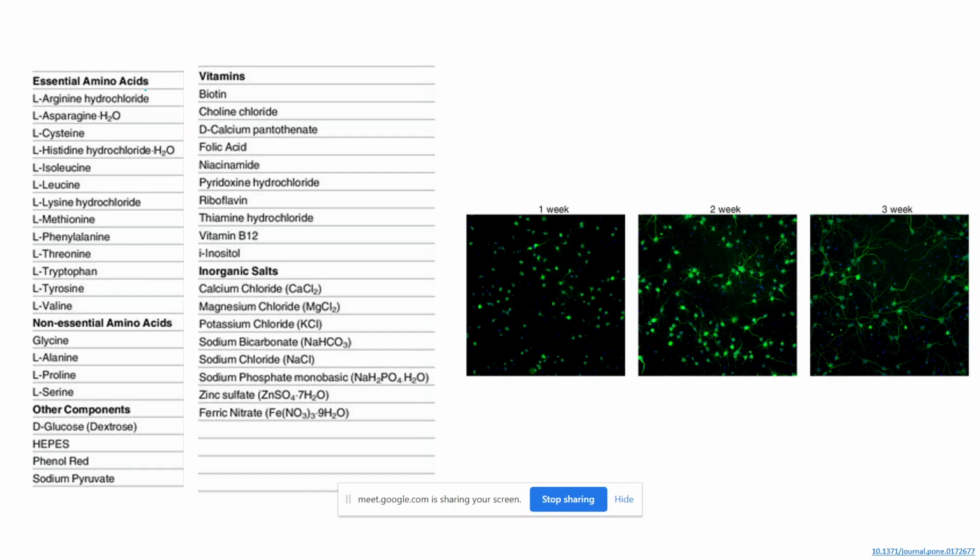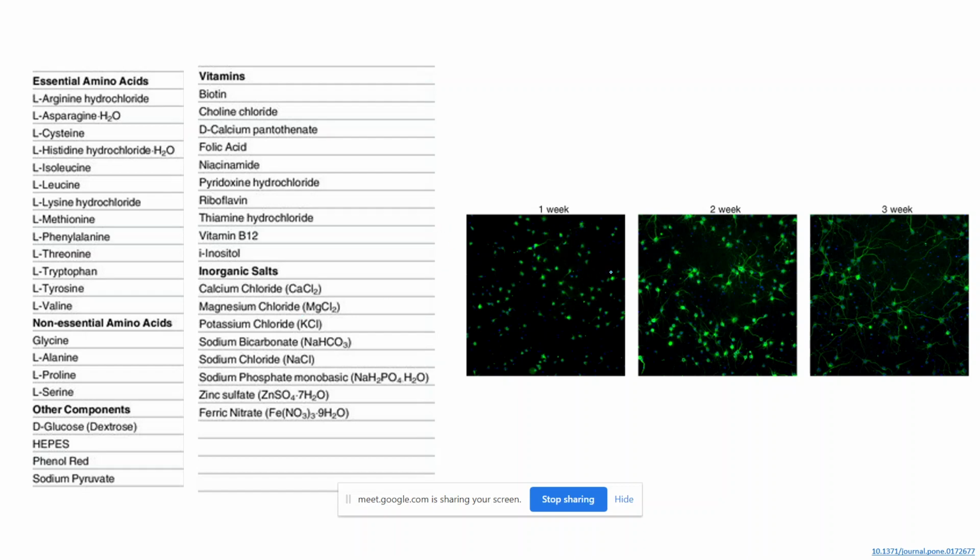It has these essential amino acids along with some non-essential amino acids and other components such as glucose, HEPES, phenol red, which is an indicator, sodium pyruvate, then vitamins, and then in the inorganic salts, you can see that it has sodium bicarbonate. So your neurobasal medium is actually a medium which uses the CO2 and bicarbonate buffering system, which I discussed in the previous lectures.